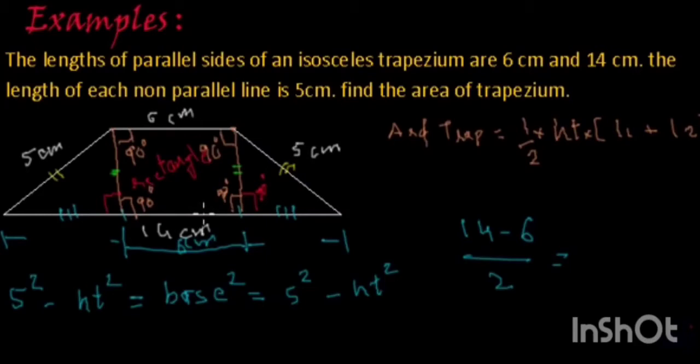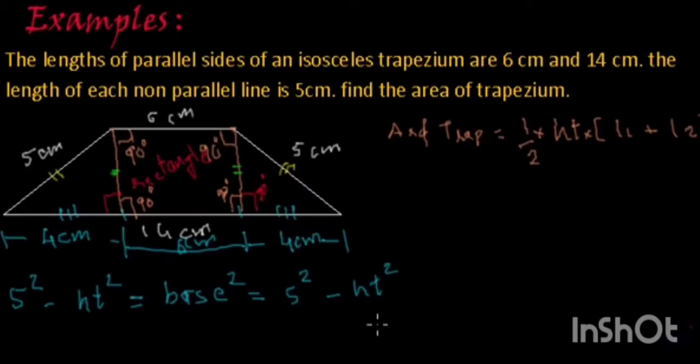Remove this much length of the parallel side because it belongs to the rectangle, and then distribute the remaining side equally among these two triangles. So it will be 14 minus 6 by 2, which is 8 by 2, and this will be equal to 4 centimeters, right? So the length of the base will be 4 centimeters over here and 4 centimeters over here.